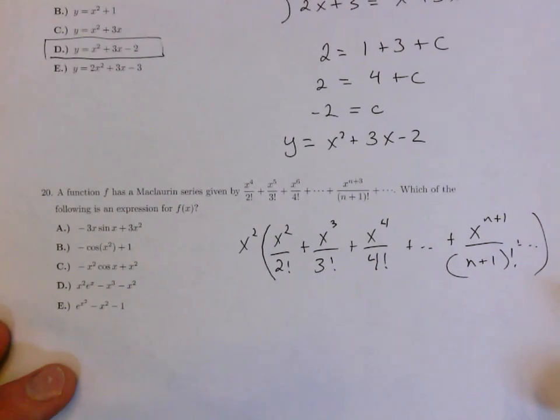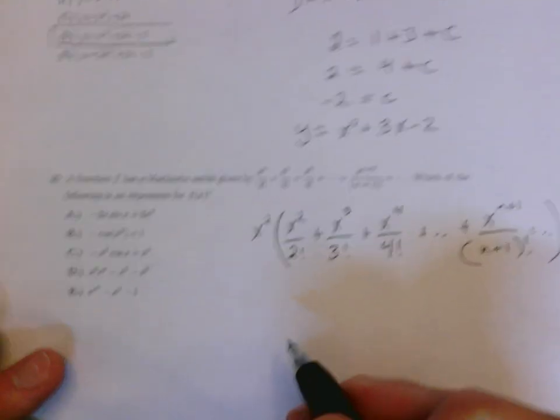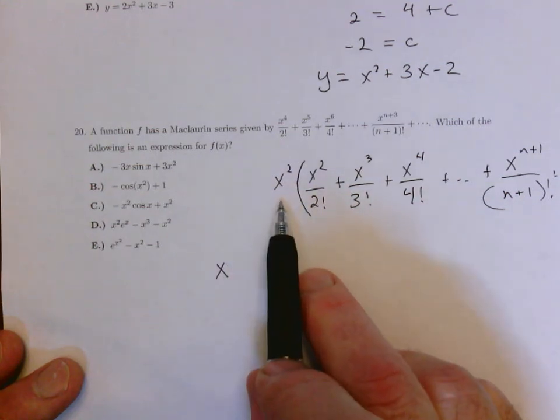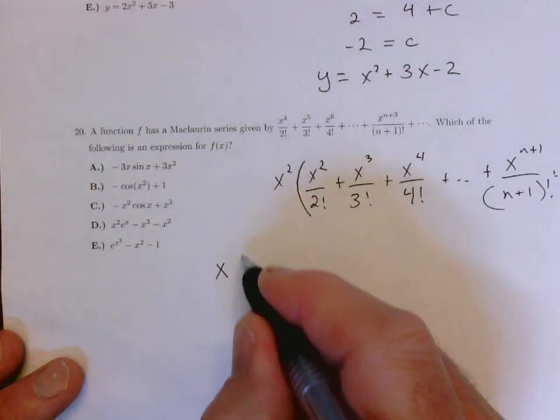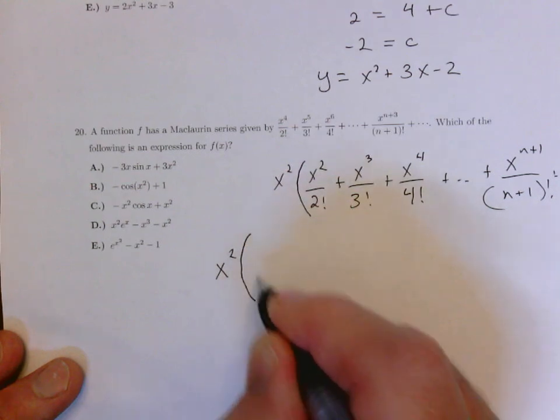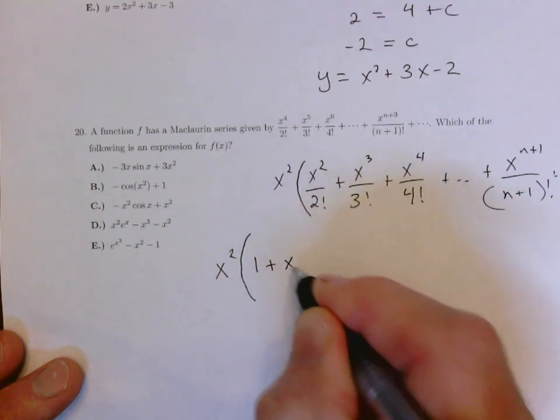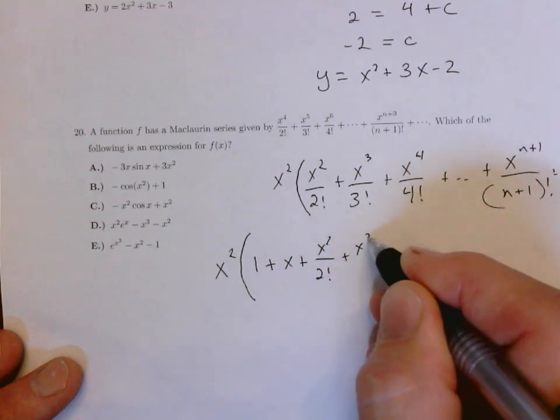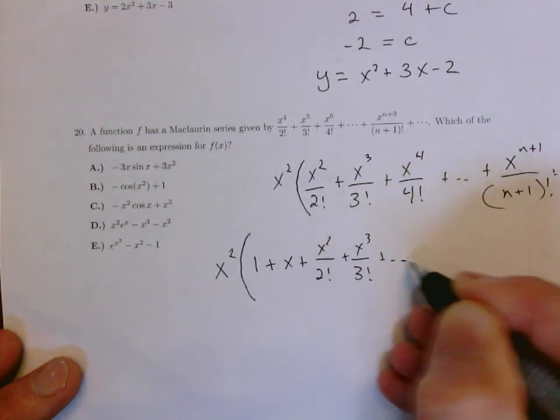So I'm going to play a trick here, and add on what I need to change it into e to the x. What is it missing? It's missing a 1, and it's missing an x. So I'm just going to simply add it on. So I have 1 plus x plus x squared over 2 factorial plus x cubed over 3 factorial, and so on.